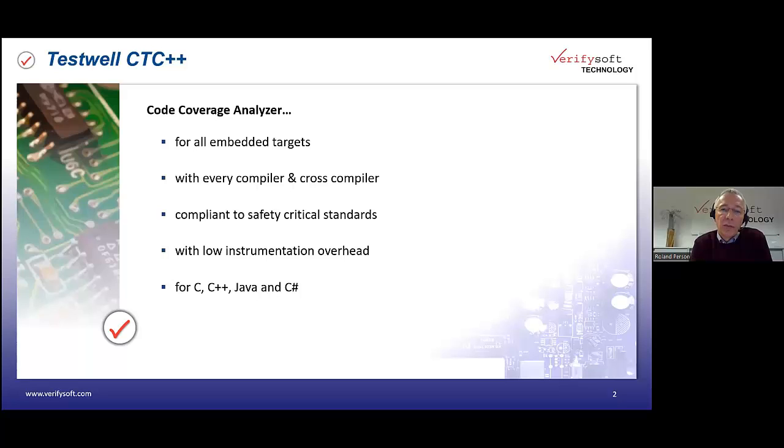As we want to run on small targets, we have to take care that the instrumentation overhead stays low. What the instrumentation overhead is, we will see in the next slides. The main languages are C and C++, because on the embedded market these two languages make up 80-90% of the projects. Java and C# are available as an add-on, but they are not as well supported as C and C++.